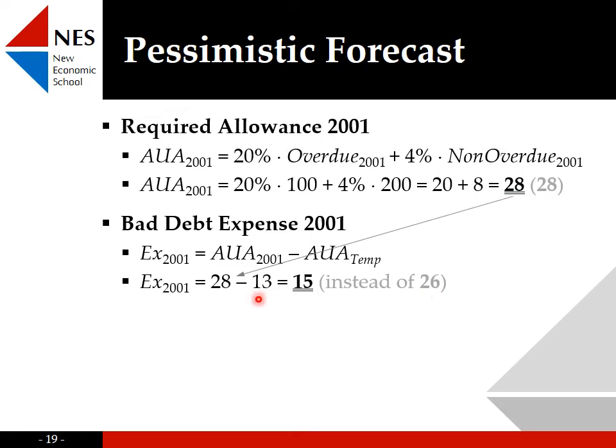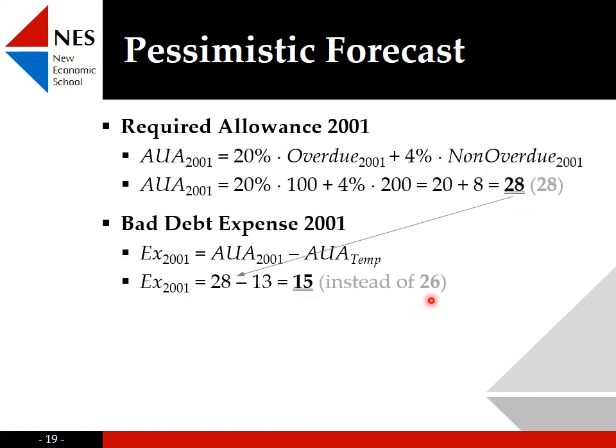So the incremental bad debt expense is only the difference between 28, the desired level, and the 13 that is the leftover after the company has written off all the uncollectible accounts for 2001. So the additional bad debt expense that is needed is only 15.